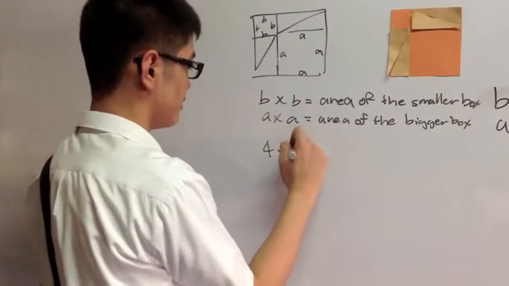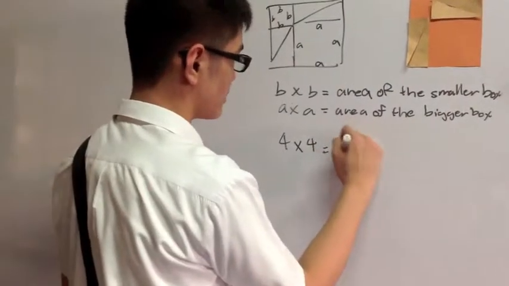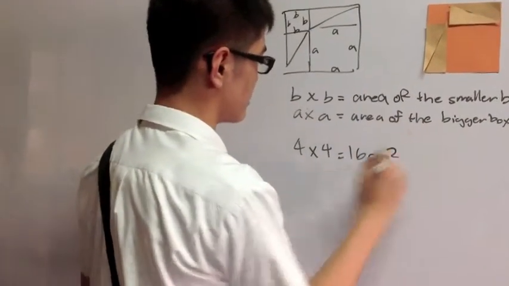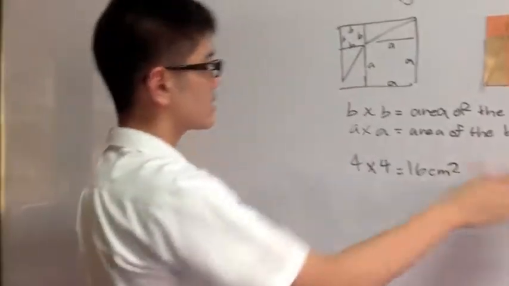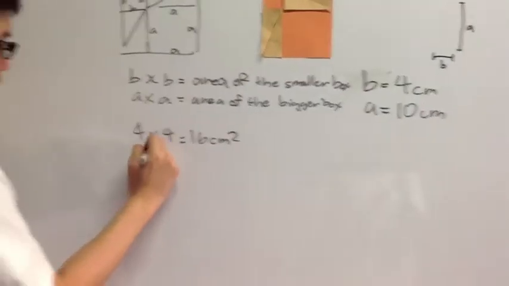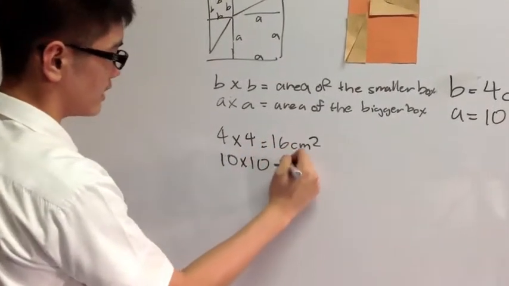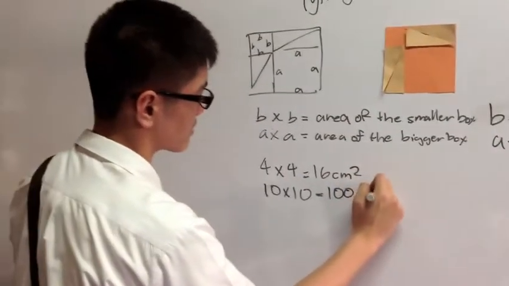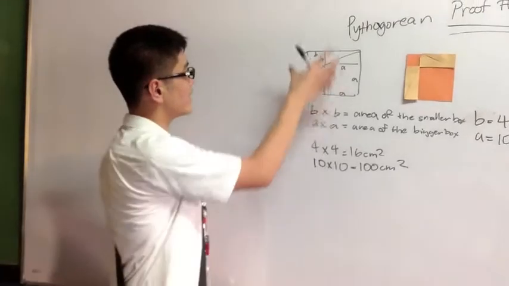Let's substitute B with 4. So 4 multiplied by 4 is equal to 16 centimeters squared. Then let's substitute A with 10. So 10 multiplied by 10 equals 100 centimeters squared. Now we'll find the area of the whole figure.